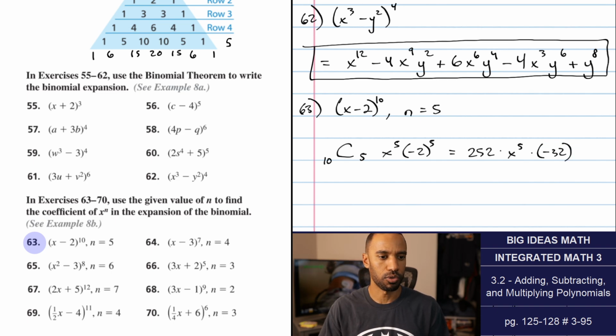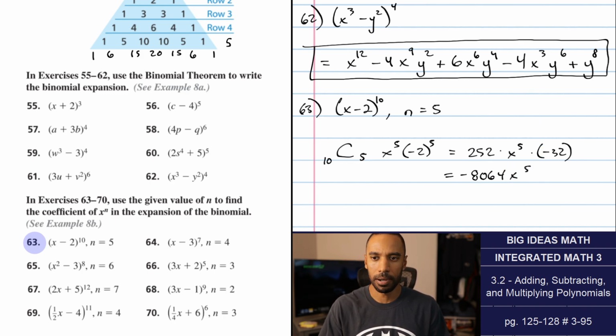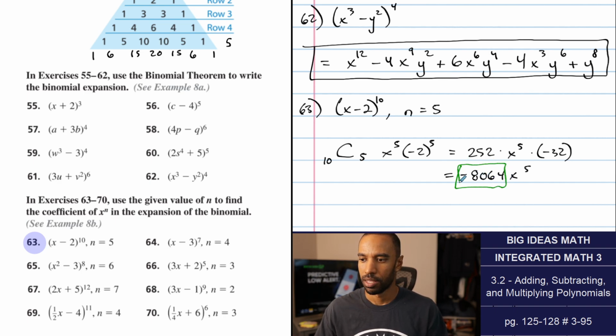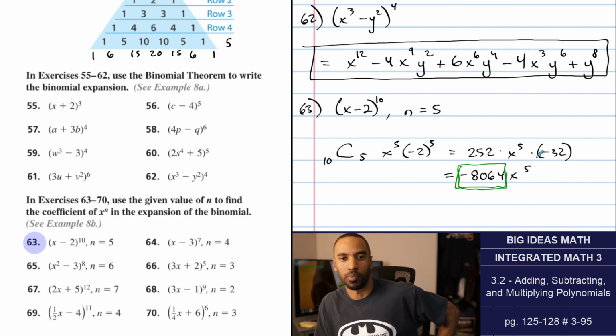Negative 32 times 252 is negative 8,064. So I get negative 8,064 x to the 5th as that term. They wanted the what? Just the coefficient. So the coefficient is negative 8,064. They wanted what value would come in there. Now that's just one term among them all, and that's the one we got.